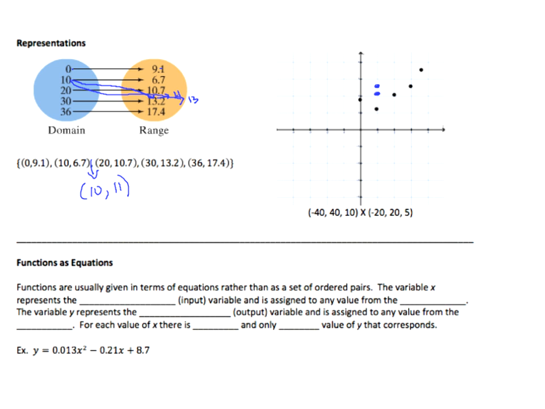So I'm going to blow your minds with a statement and say, all functions are relations, but not all relations are functions, because functions have that very special characteristic of having one and only one output value for each input. So hopefully it's becoming a little more clear.